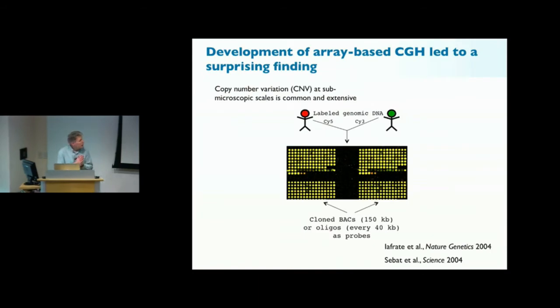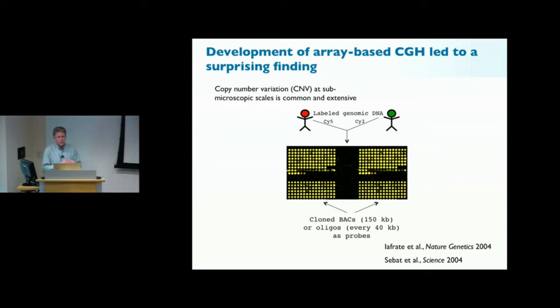Within a few years, we had figured out how to scale this up by putting it on microarrays. You can put the probes on microarrays and begin to use smaller probes. Doing this, you can ascertain copy number variation down to below megabase scale. And as this technology was developed, we began to realize that copy number variation happens not just in aberrant cases like Down syndrome or cancer, but that there's abundant copy number variation in the healthy population, right?